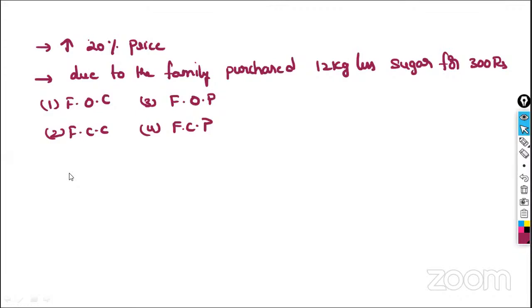No one is getting it? Ma, it is easy to find the original consumption and the current consumption, na? Just the price is increased, then we get that fraction value. Then on that we get the original consumption and the current consumption. That is easy, na? So that you have to find.